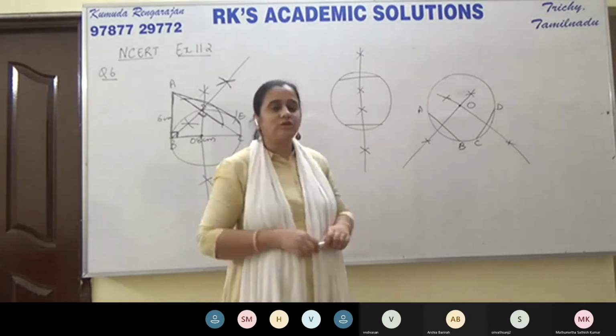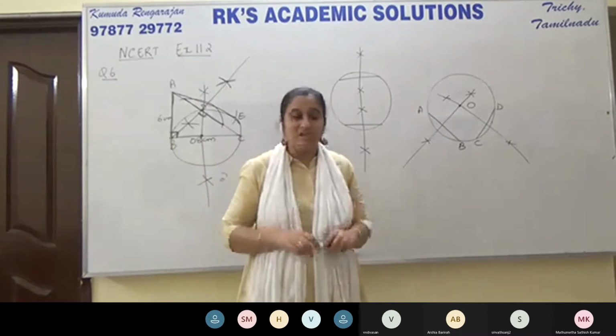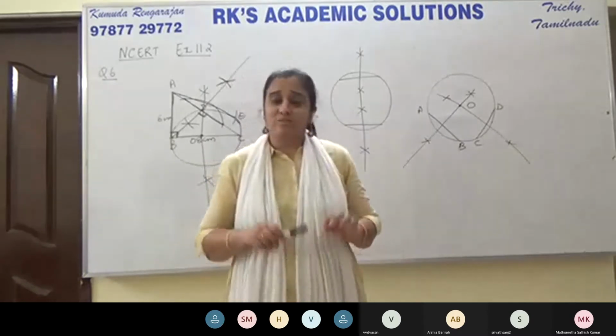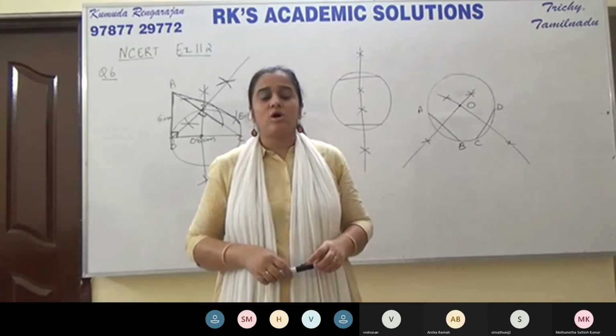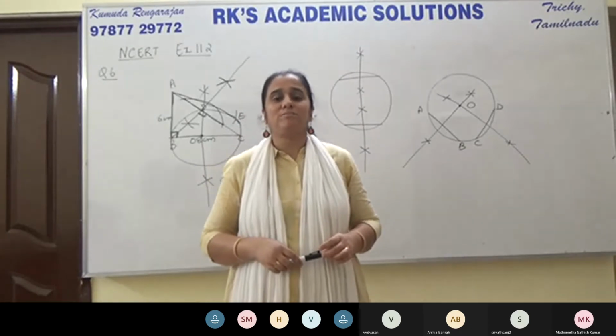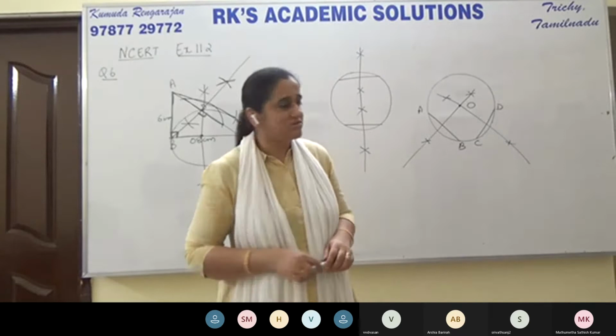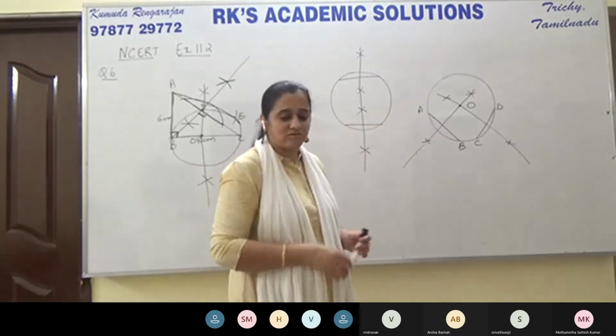Remember this. The center of the circle is the point of intersection of the perpendicular bisectors of any two non-parallel chords of the circle. So that's how we find the center of the circle.